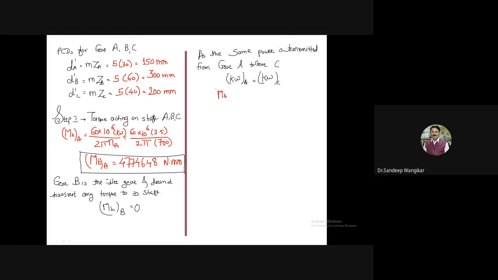So I will mention here MTA, torque, into NA is equal to MTC into NC. Now I can easily calculate MTC is equal to MTA into NA by NC.